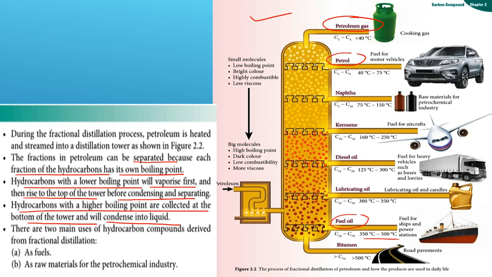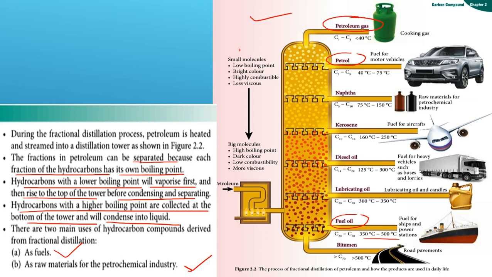Vaporize first lah. Okay, so there are two main uses of hydrocarbon compounds derived from fractional distillation here. So satu, dia digunakan sebagai fuel, satu lagi sebagai raw material for the petrochemical industry.